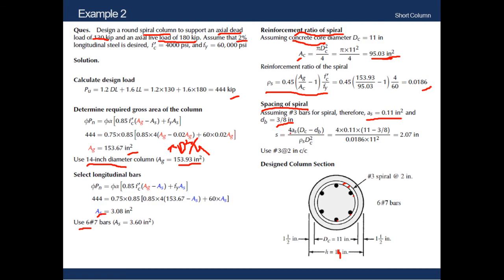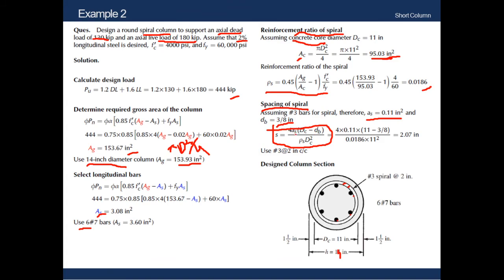Using these values, we need to remember the spacing of the spirals equation, which is this one. For As times (Dc minus db), Dc is the diameter of the core, which is 11 inch. db is the diameter of the spiral bar, which is 3 by 8, so we are plugging 3 by 8 in place of db.